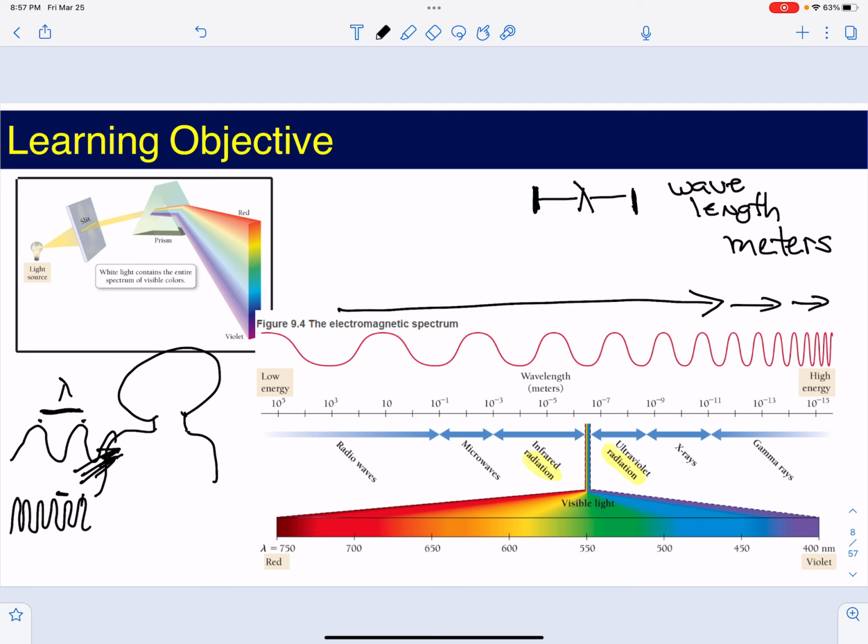And when I say faster, the peaks of each of the wavelengths coming to you, we call that frequency.